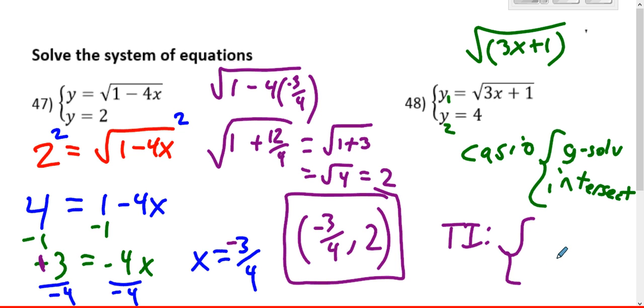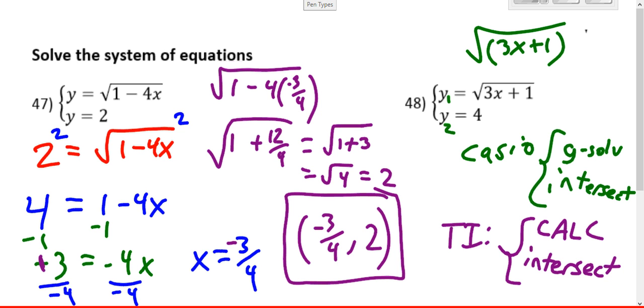You do the same thing, y1, y2, but then you have to go to calc. So you got to push the second button to get calc. And then you choose intersect. There's a few extra steps there with the TI, because you have to do a left bound and right bound and stuff. You need to know how to do that if that's your calculator. But either way, it'll give you the answer.